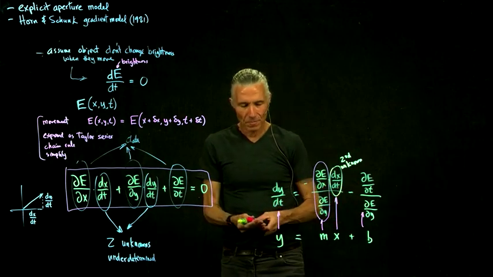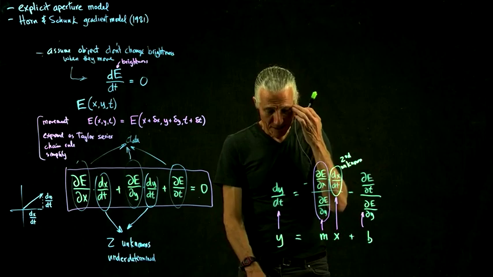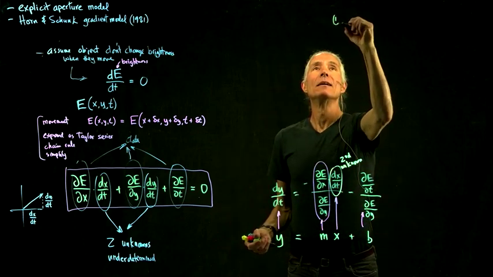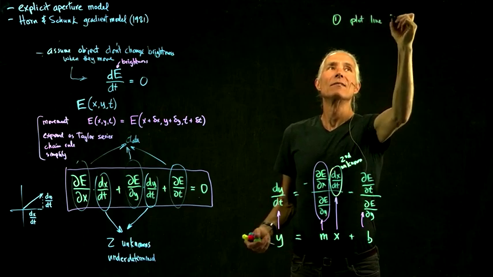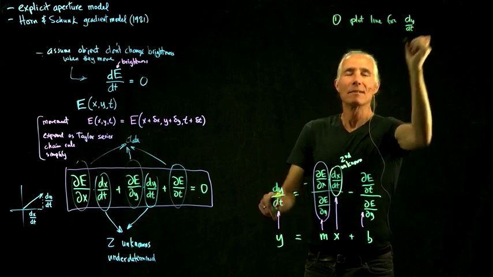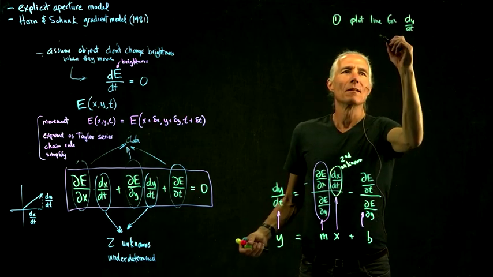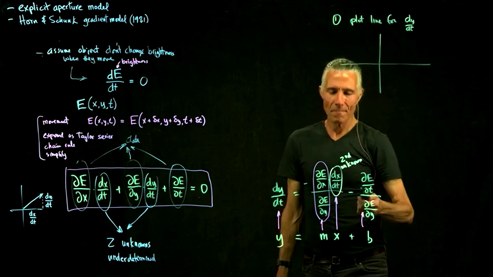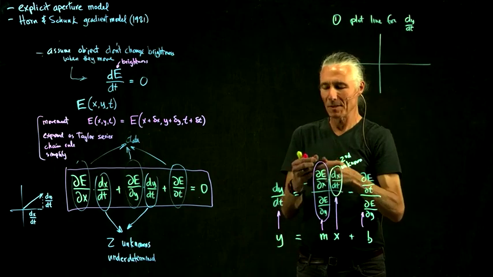And so if you plot out that line, let's just plot out that line for dy dt. So what does it look like? Say we'll get some line like this.